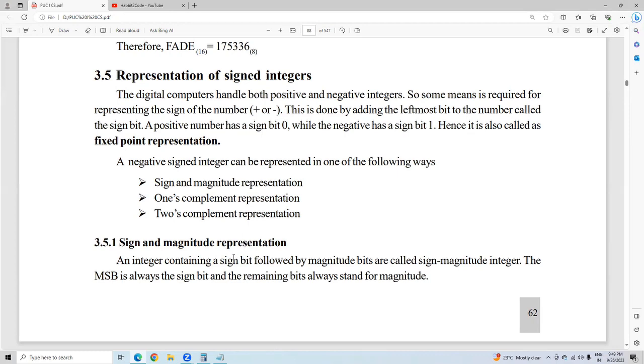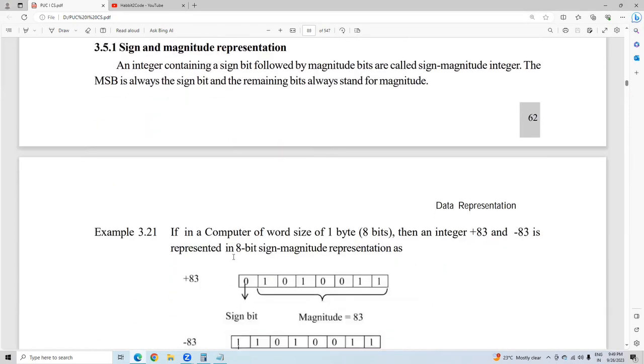First one is sign and magnitude representation. An integer containing a sign bit followed by magnitude bits is called a sign magnitude integer. The MSB is always the sign bit and the remaining bits always stand for magnitude, right?